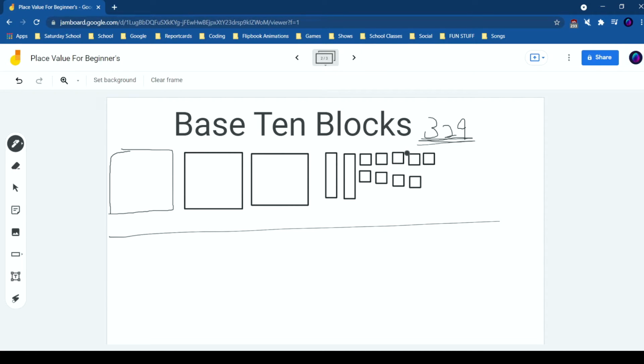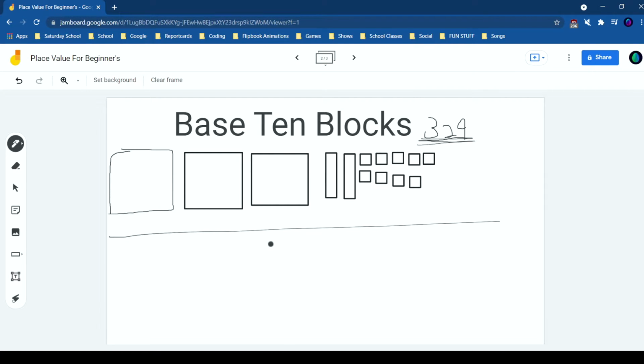And then now we're going to do base 10 blocks. In your class, your teacher might give a quiz or something, and they will ask you to add up everything. Okay. So for here, you can see there are 9 ones.